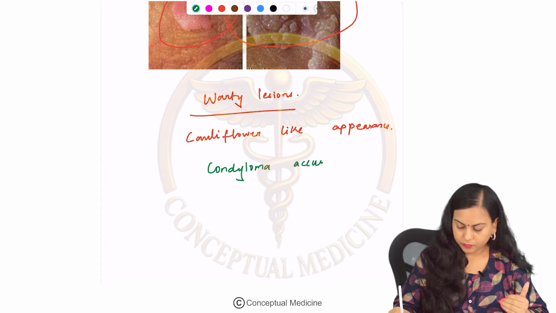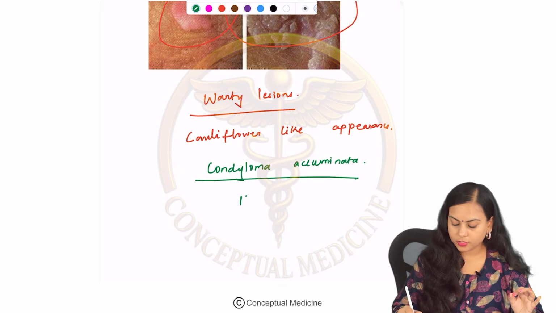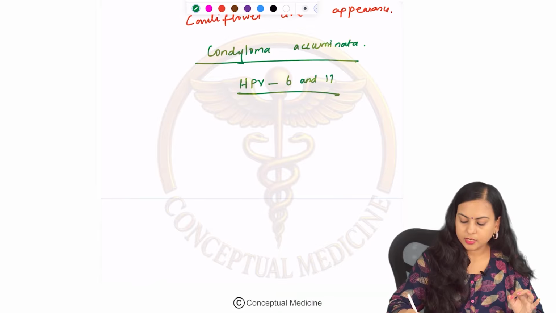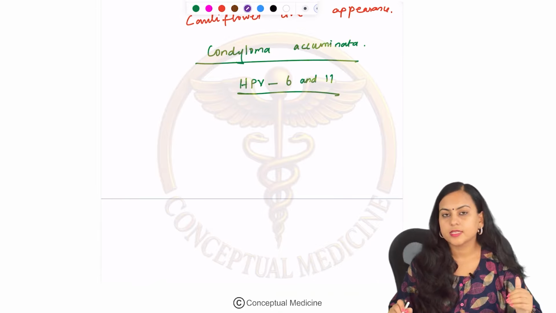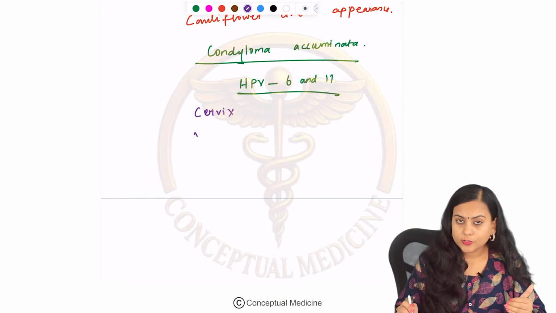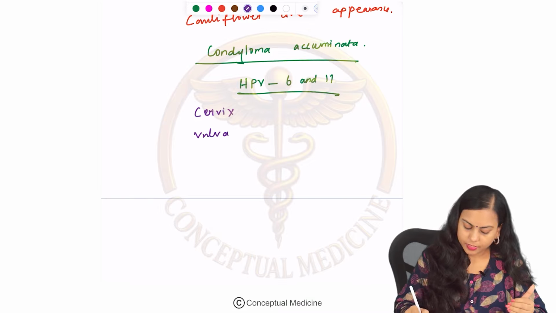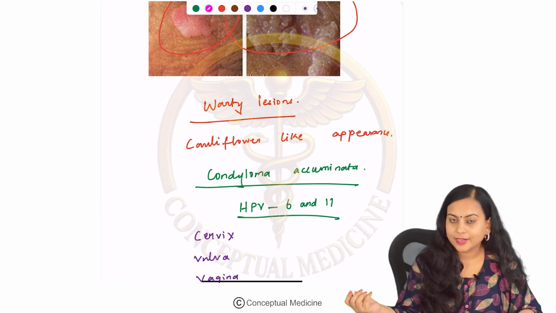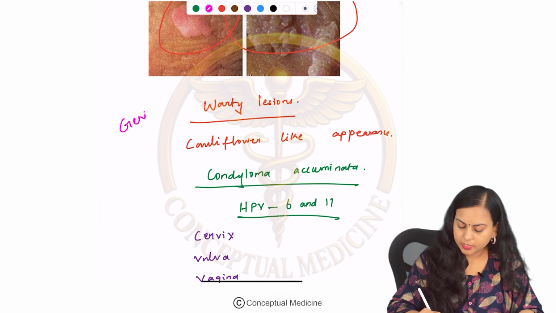Condyloma acuminata, which is caused by human papilloma virus 6 and 11. The most common site of these lesions is the cervix, but they can also be seen on the vulva, vagina and anus. So in simple words, these are nothing but your genital warts.